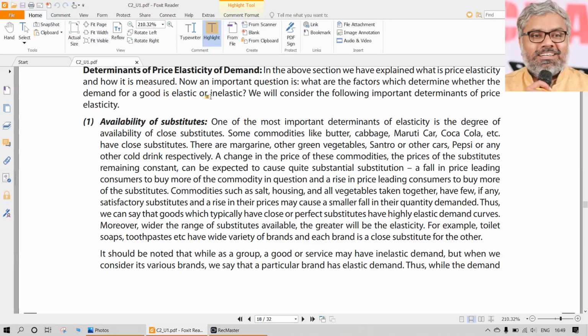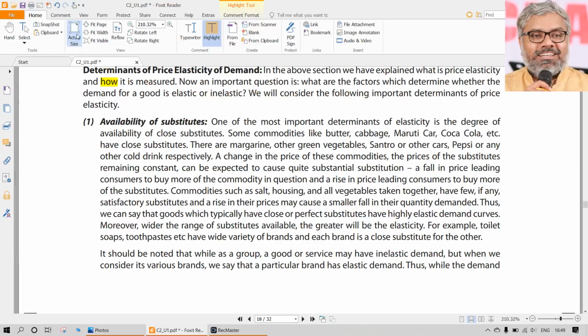But now we are going to understand why this price elasticity of demand occurs in the first place. What we already understood is how. Now what we are going to consider is why. What factors will determine this price elasticity of demand?